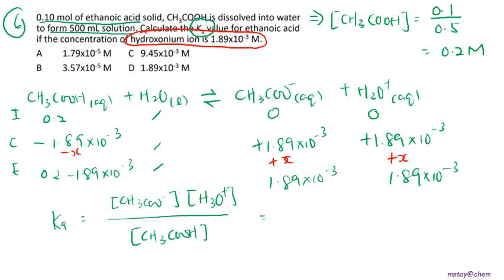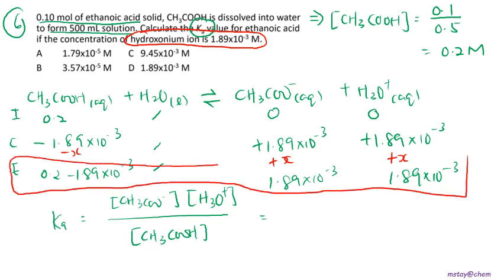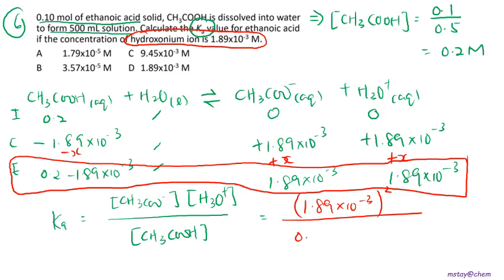So now we can substitute the values in this row, the equilibrium row, into the Ka expression, and then you will get the answer: 1.89 exponent negative 3 to the power of 2 divided by 0.2 minus 1.89 exponent negative 3. So the answer will be 1.79 exponent negative 5. So this is the answer for question 6.